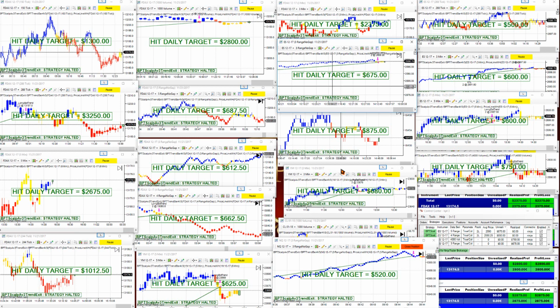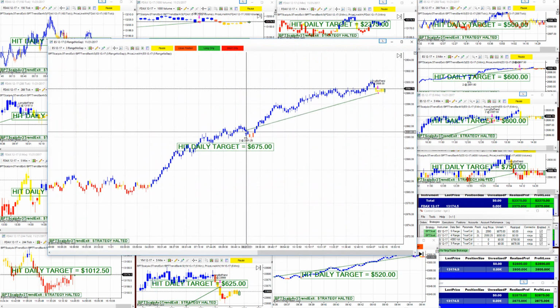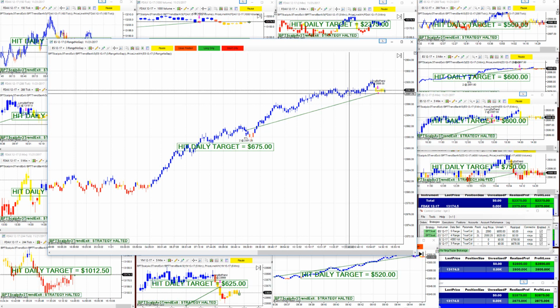So in other words, if this market is trending, it's irrelevant what your target is. If this market is trending and you have the ES as an example on $200, and if this market trended, folks, one thing, if you start trading at 9:30 and that auto trade, and this is going to happen, you don't see any green within the first hour, that tells you that market is not willing to give anything today.